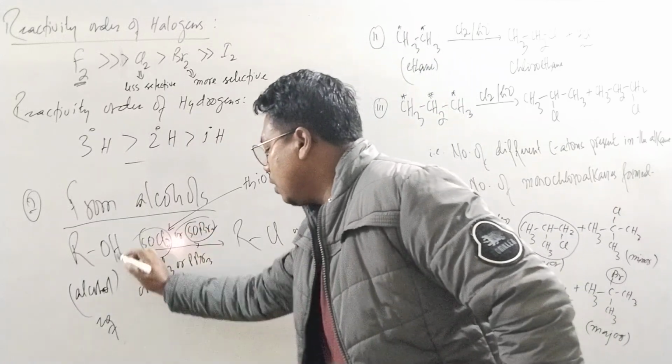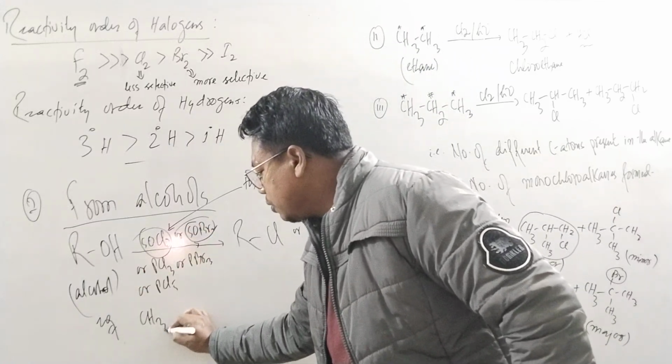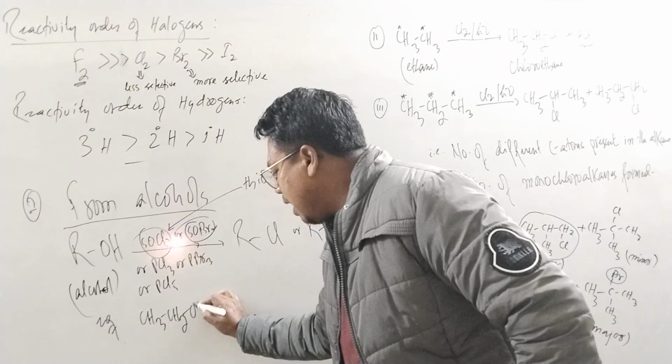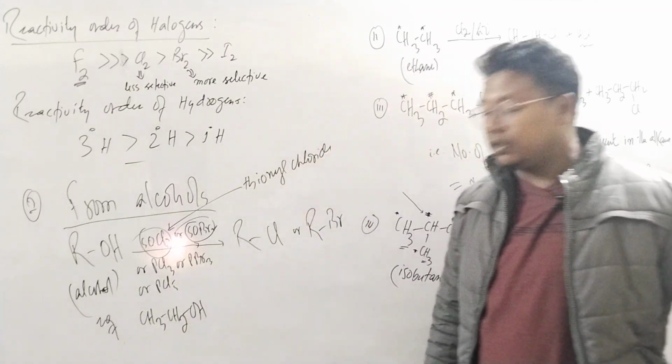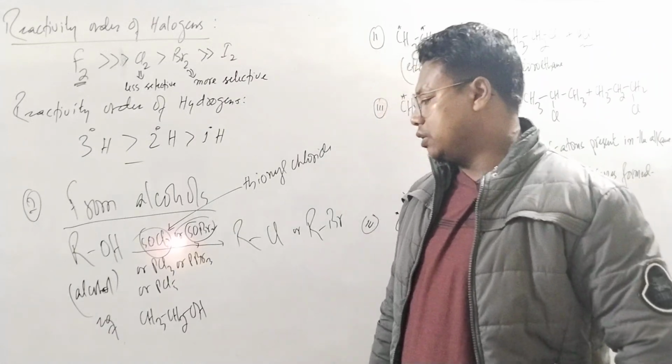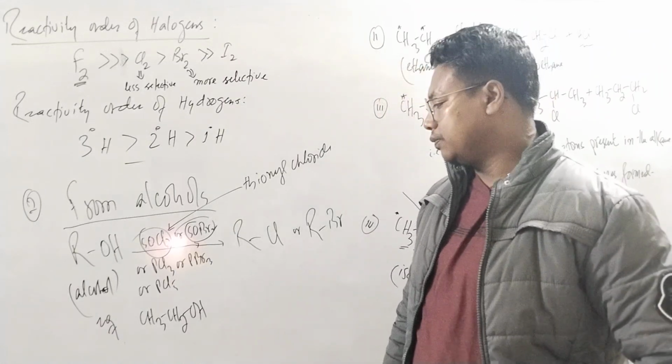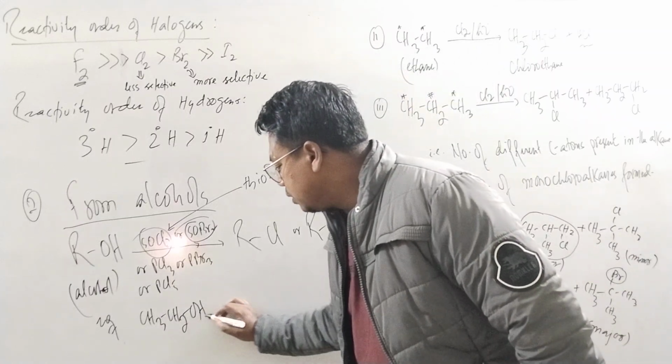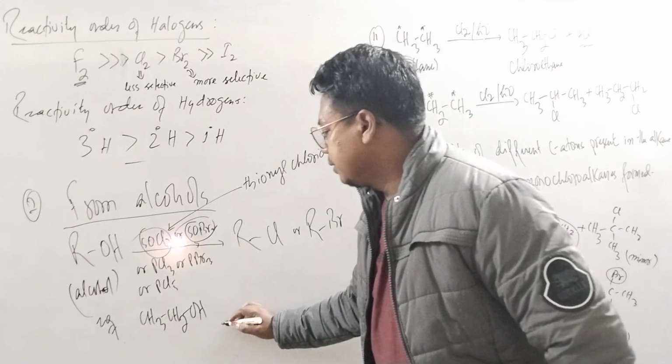So ROH, R is alkyl group, so we can take ethyl alcohol. This is ethyl alcohol, ethanol, the major constituent of the alcohol which is consumed by some people.